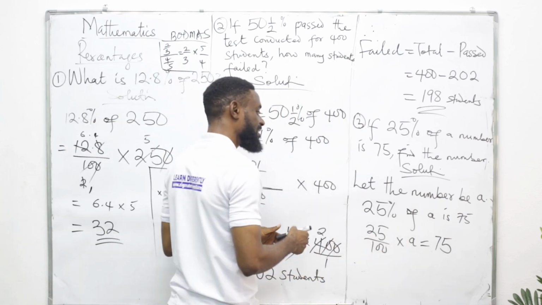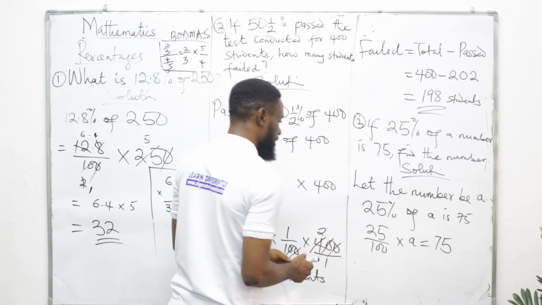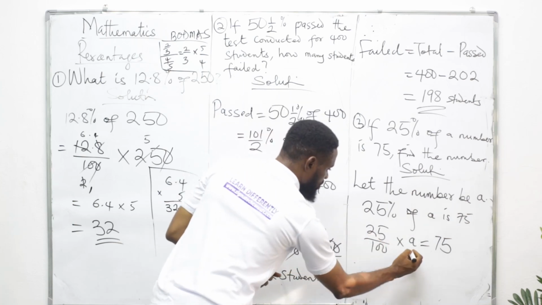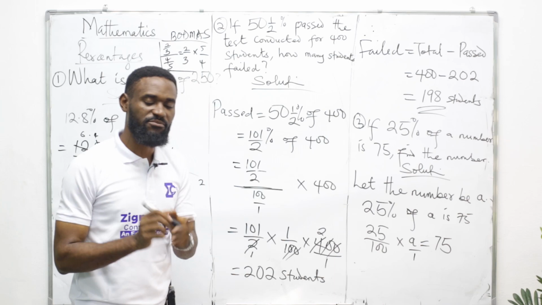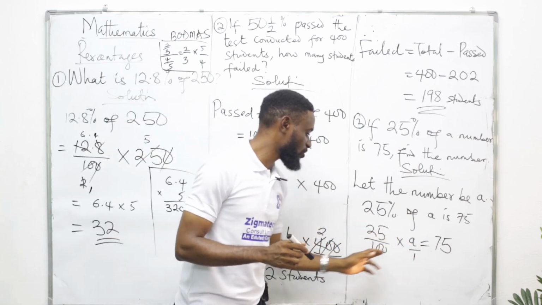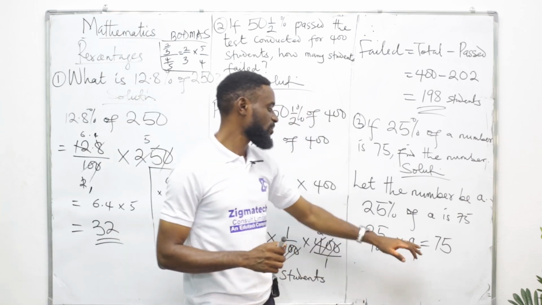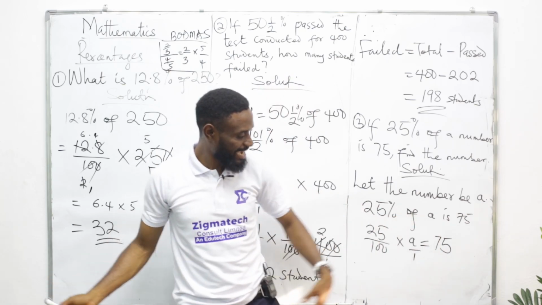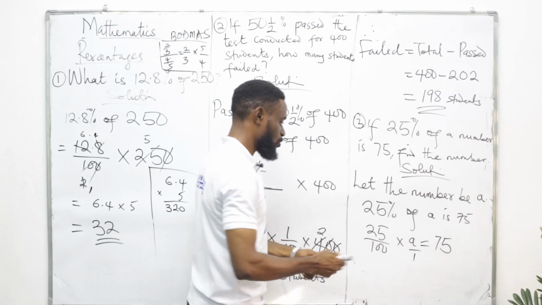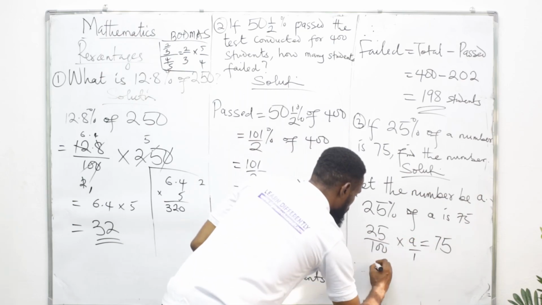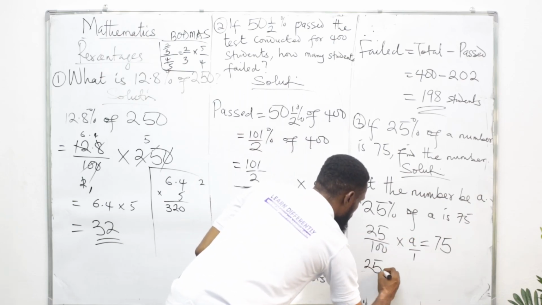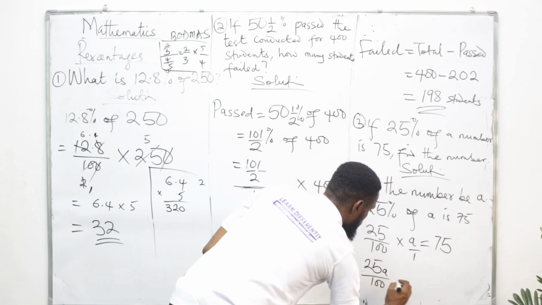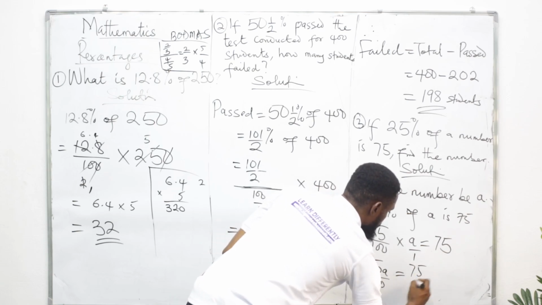So we do our normal stuff here. This is over 1. I told you in multiplying fractions, denominator to denominator, numerator to numerator. So we have an expression with two sides, the right hand side and the left hand side. So we have 25 times A gives us 25A over 100 is equal to 75.